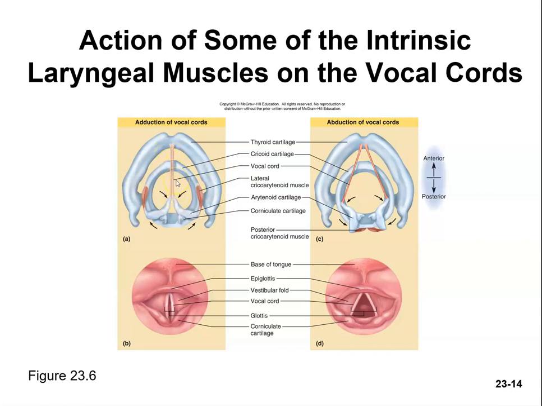Some of you have a deep voice, some of you have a very high voice. That's all based on this vocal cord right here. Usually men, due to testosterone, will get a deeper voice as this becomes thicker. Arytenoid cartilage, corniculate cartilage.